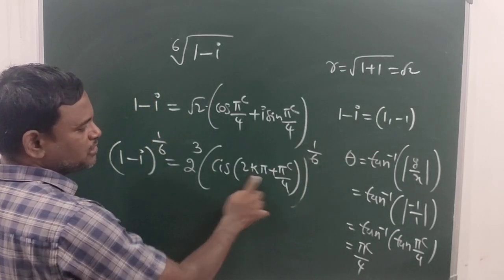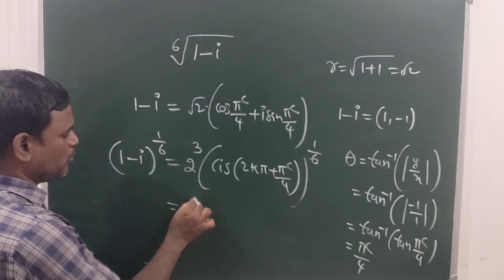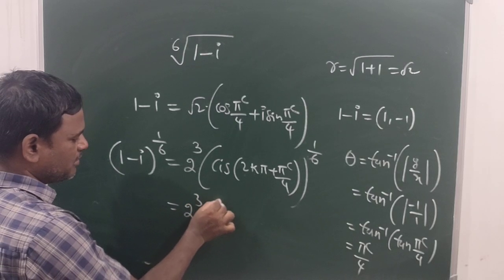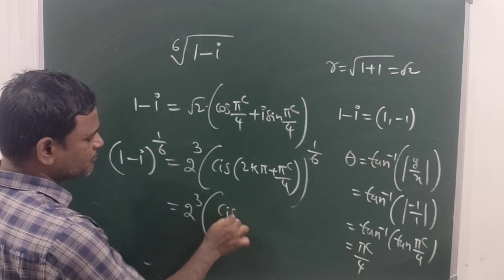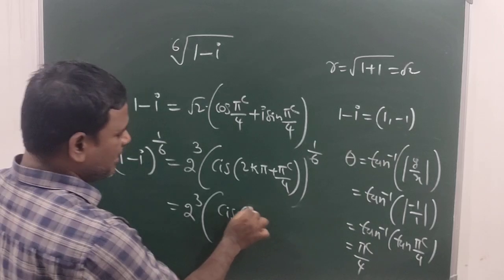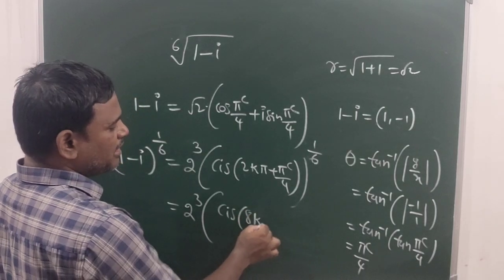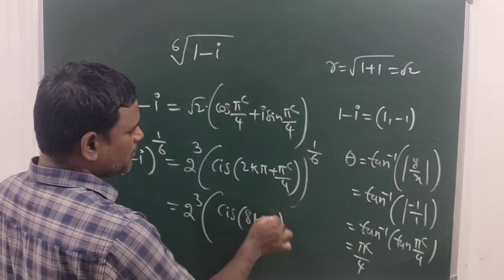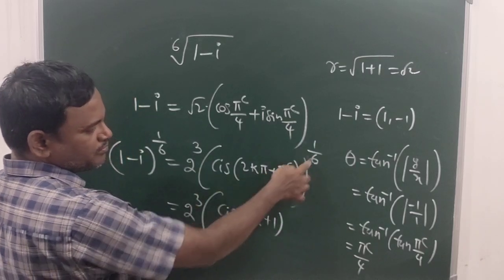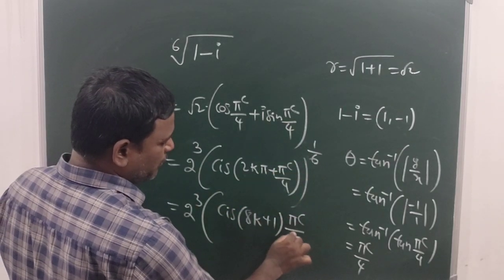Now bring that 1 by 6 down, so that you will get 2 cube into cis of 8k plus 1 by pi radians by 24.